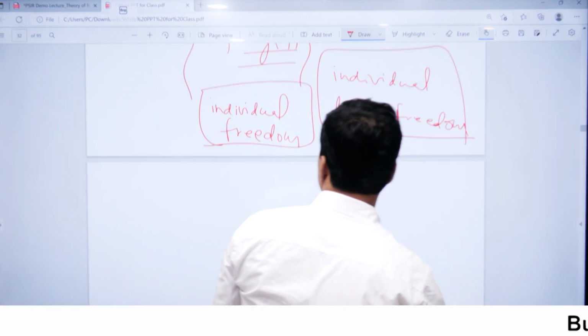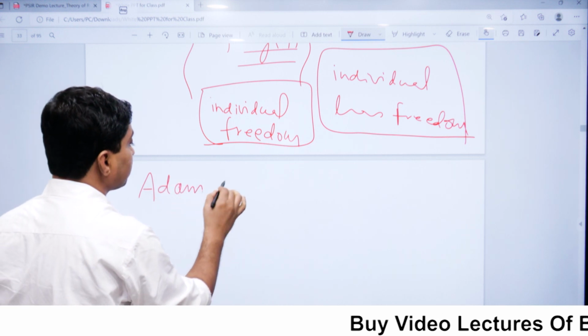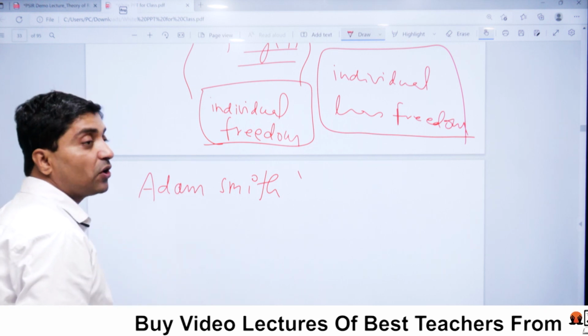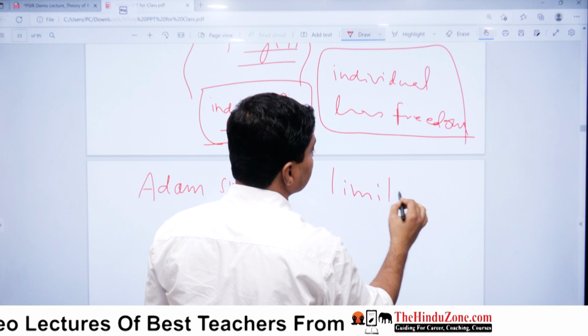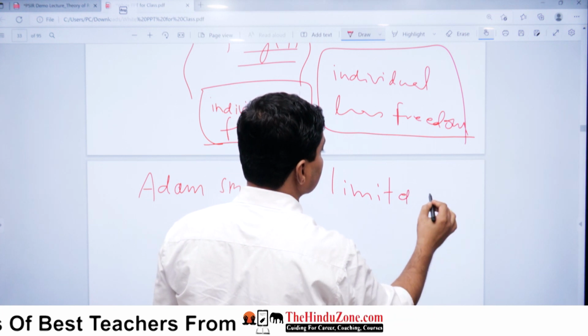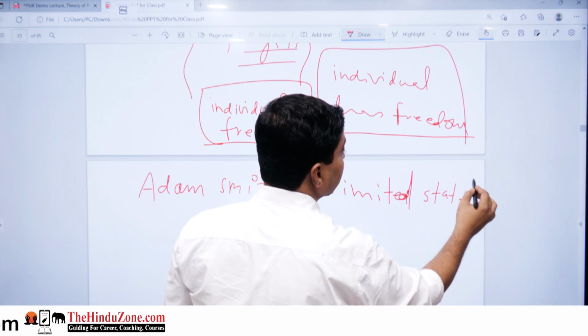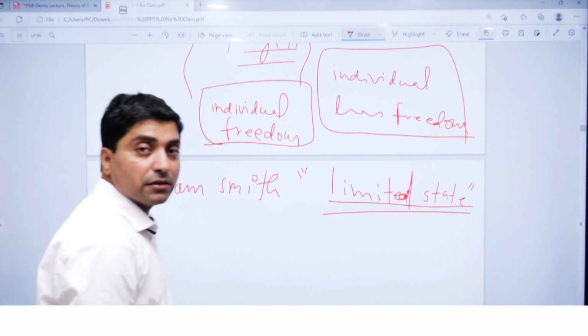For example, take Adam Smith, who gave the idea of the laissez-faire state, that means a limited state. A state should be limited. What does it mean?